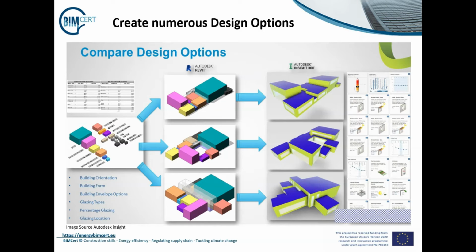Once it's selected, this can be brought further into the design package Revit, which we looked at in the previous tutorial video, and elements can begin to be added and the model can begin to be fleshed out and used within the design team.